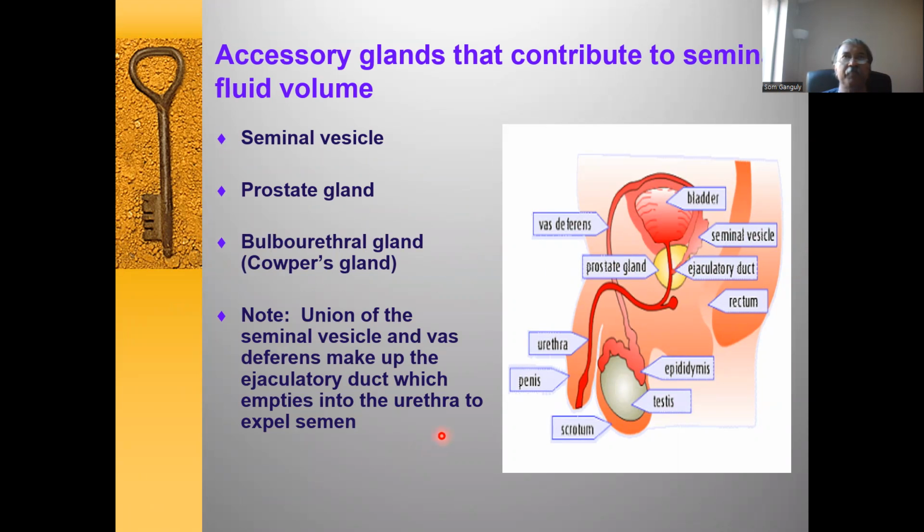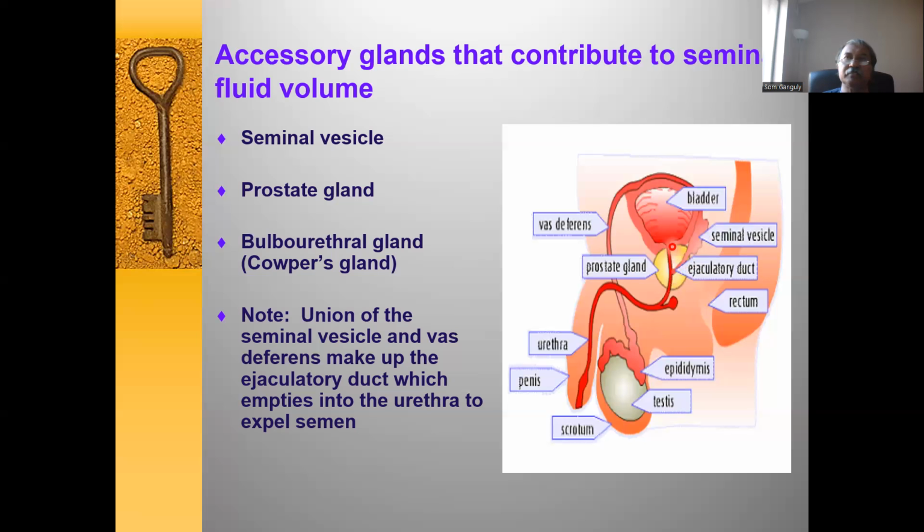Now we have some accessory organs. They contribute to the seminal fluid, seminal vesicles. This leaf-like structure, we have two of them, right and left side, and they contribute some fluid, seminal vesicle fluid, into the prostatic urethra.